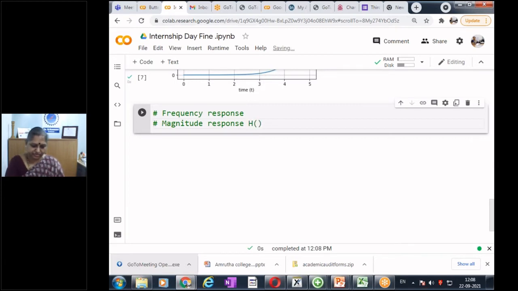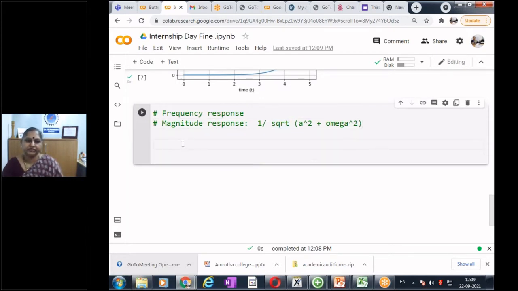The magnitude response of h of omega is 1 by square root of a square plus omega square. So let's do this part, and then we will include the phase response as well.